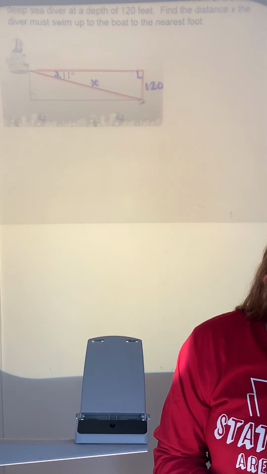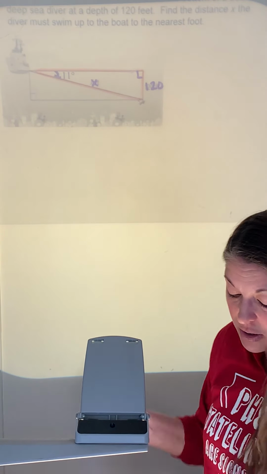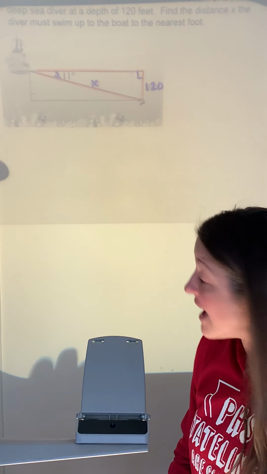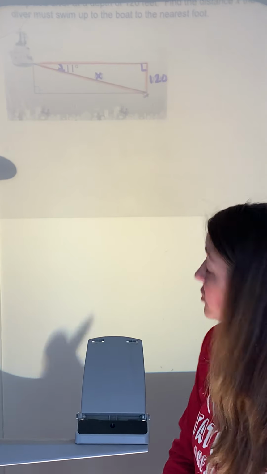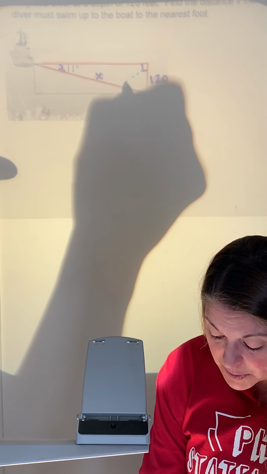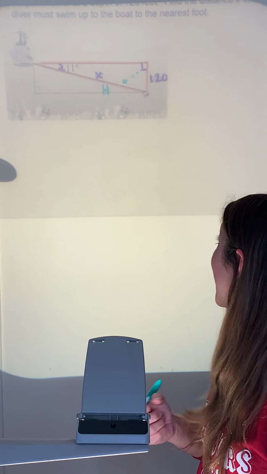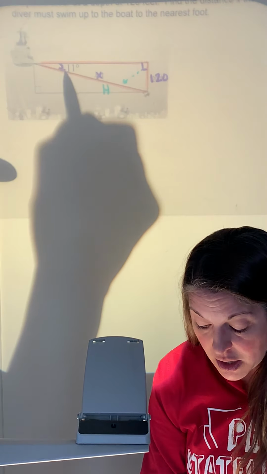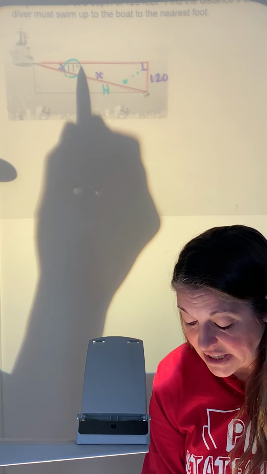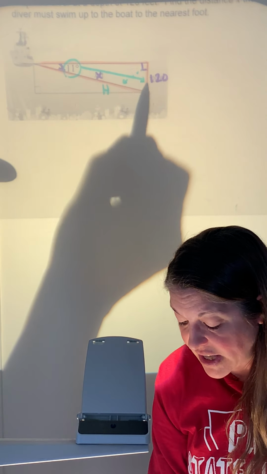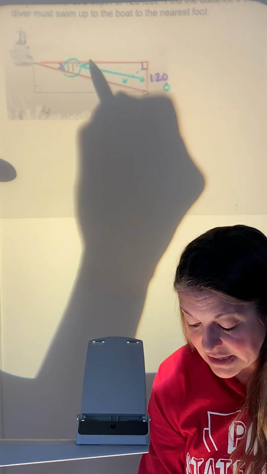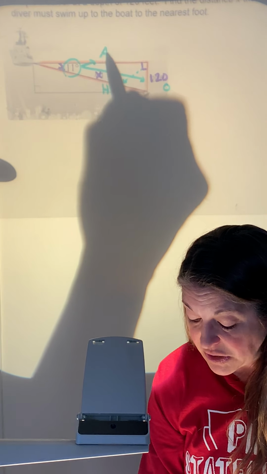And from there, take a look at our different sides and label what we have. So across from the 90 will be the diagonal, which we know has an X on it. Across from this 11-degree angle, all the way over there, that's going to be our opposite. This one up here is going to be your adjacent.